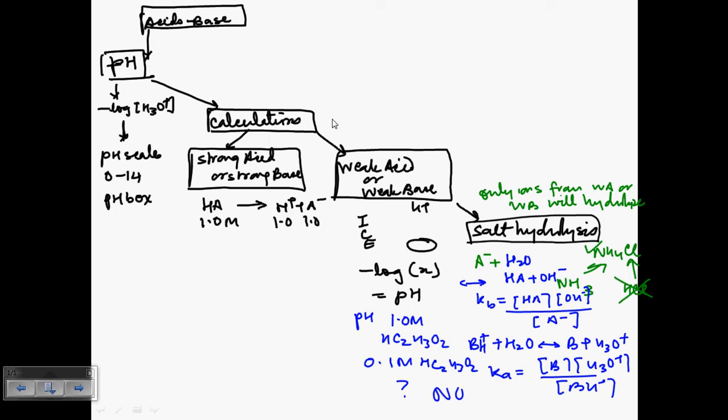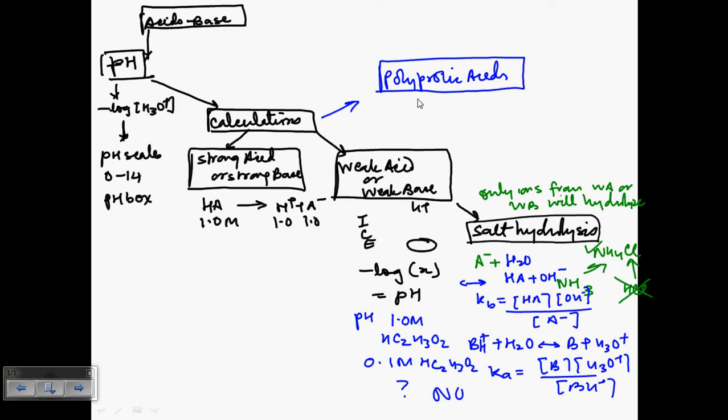Now the third thing we need to consider with regards to calculation is how do we do calculation for polyprotic acids. Polyprotic acids are acids that have more than one proton that can be donated. Remember, these donations happen stepwise.